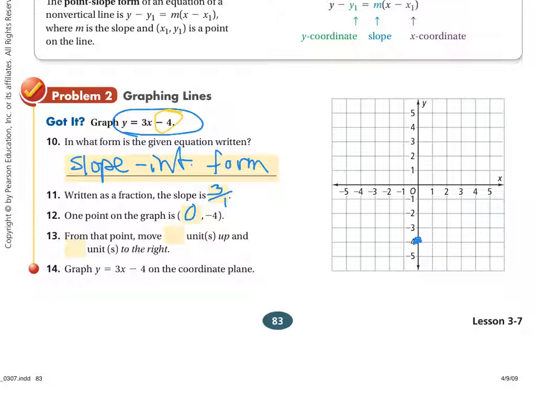So put a point there, and then from that point we're going to move the slope. So our slope is 3 over 1, so we're going to move 3 units up and 1 unit to the right. So up 3, right 1 puts us there, and then we're going to graph y equals 3x minus 4 on the coordinate plane by drawing a line. So there is my line that connects those points. Please put arrows at the end of your line.